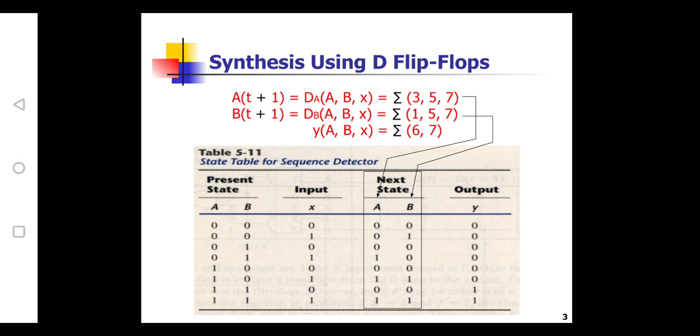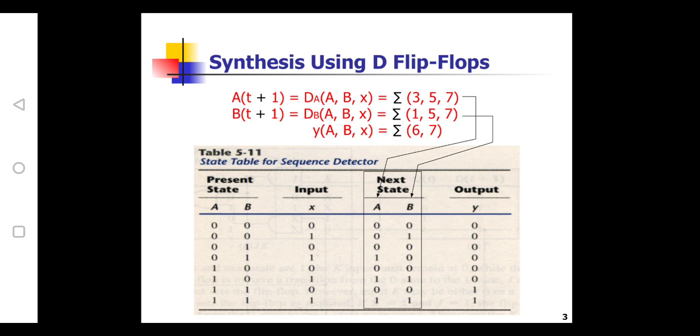If the present state is S0, that is 00, and the input is 1, it goes to the next state which is S1. The equivalent for S1 is 01 and the output is 0. Similarly, we need to complete this table by observing the state diagram of the sequence detector.